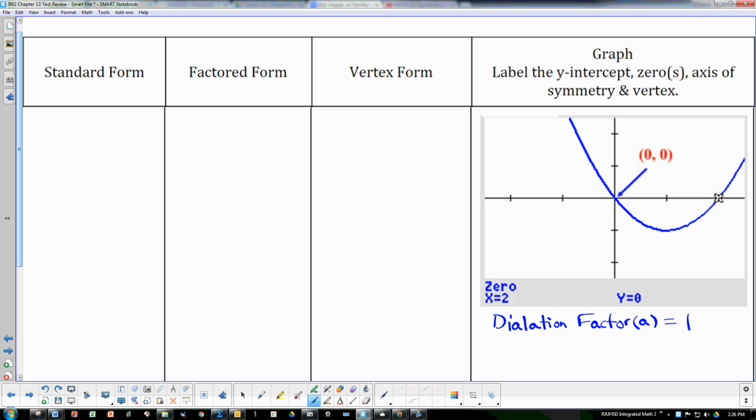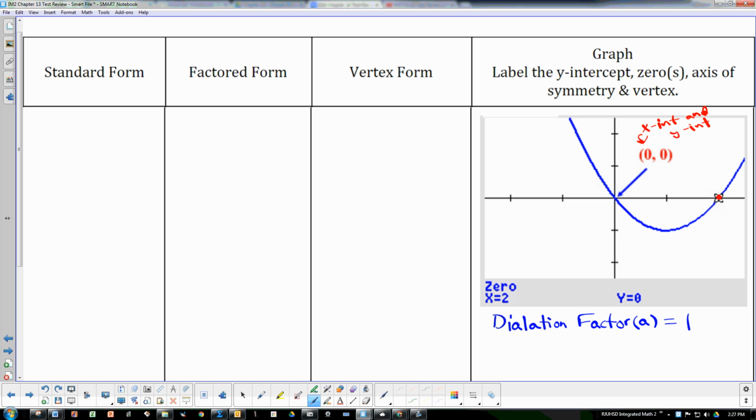All right, looking at the graph. Looks like I have an x-intercept at (0, 0), but if it's (0, 0), you know that this is an x-intercept and a y-intercept. That's what that is.